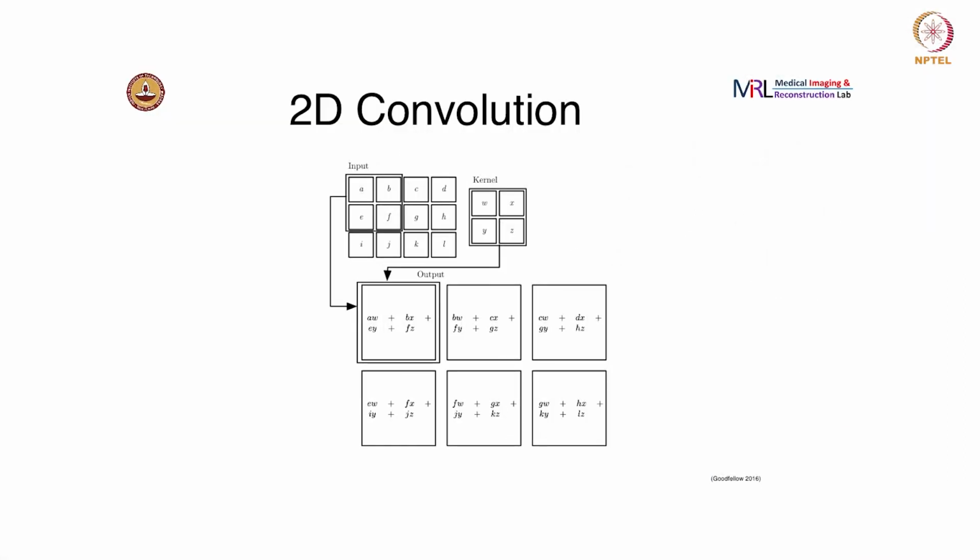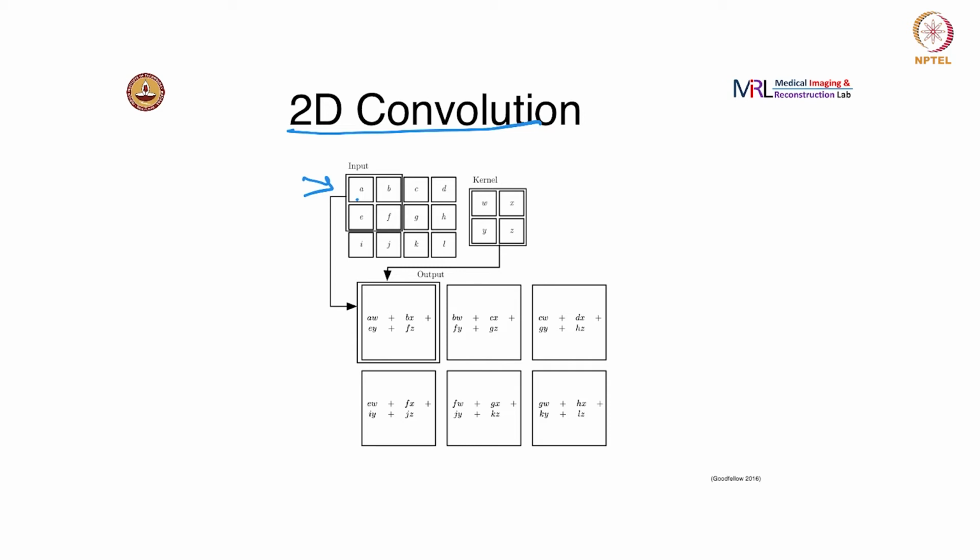So let's look at how typical output is calculated in a convolutional neural network, and this process is what is known as convolution. That's where the name comes from. We will look at 2D inputs. So we have this image, this grid-like input, and the values at each of the grid points are represented by A, B, C, D, E, F, etc. These are numerical values.